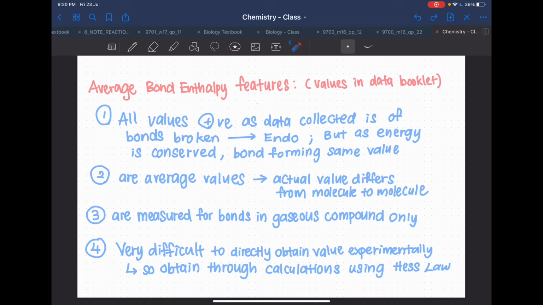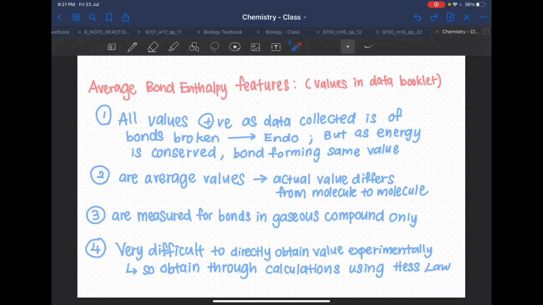These average bond enthalpies have features which can be a disadvantage. 1: all values are positive as data is collected of only bonds being broken, but we can also derive that since energy is conserved, the bond forming would have the same energy release. 2: average bond enthalpies are average values.